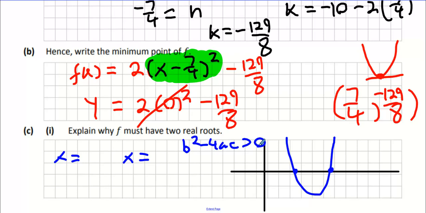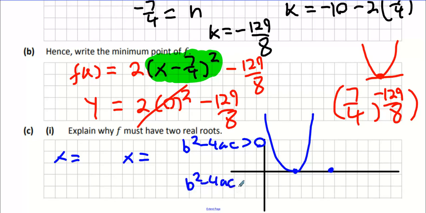Does that make sense? Now, what happens when I pull it upwards like this and it only touches once? That means b squared minus 4ac actually equals 0. And the minimum point is actually on the x-axis. Okay? And you only get one answer for x, or the same answer twice.